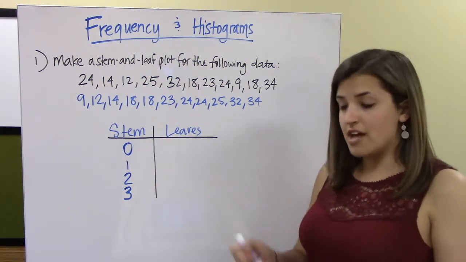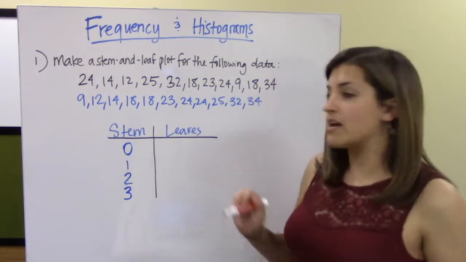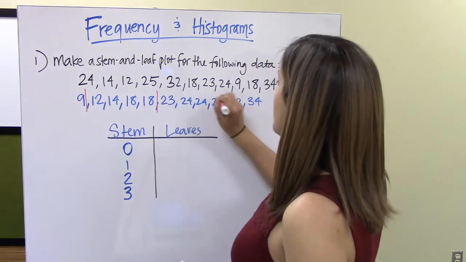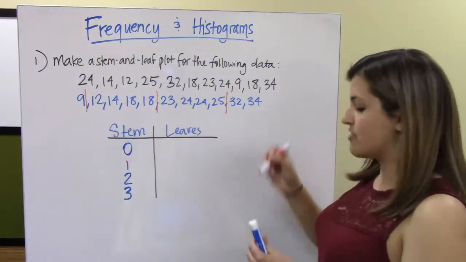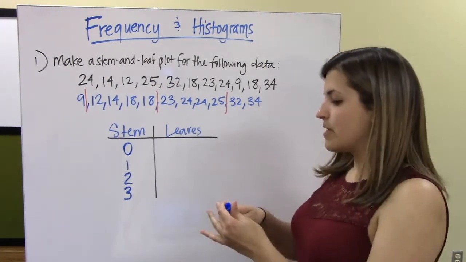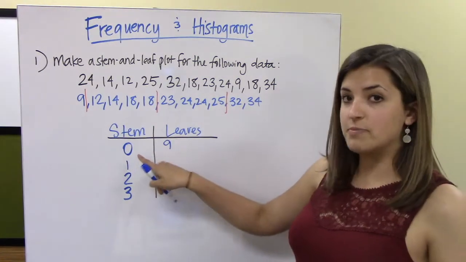Now my leaves, I'm going to write on their own, and I'm going to separate off where my different sections end. So I have 0s, 10s, 20s, and 30s. This makes it a little easier to look at. With my leaves, I'm just going to write 9 for my ones place here.